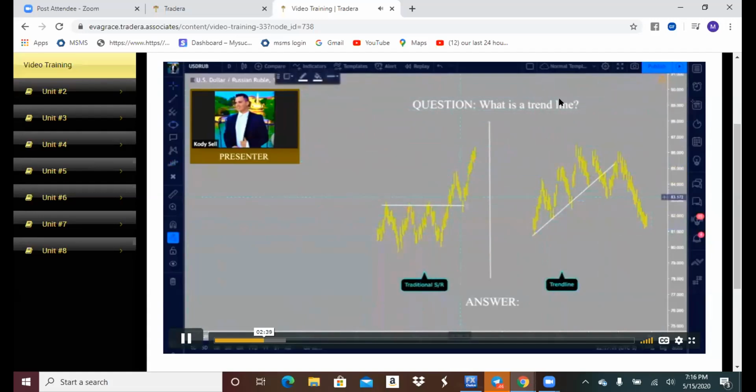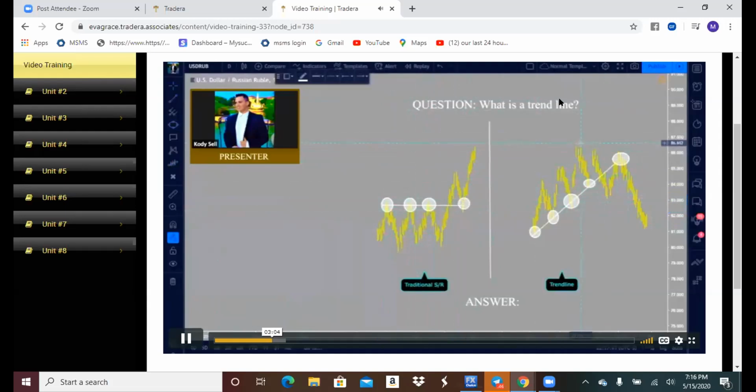As you can see, they act as support when price is above them, and then they act as resistance once they are broken. Same way that our horizontal level acts with price, acting as resistance and then becoming support. And of course, this works in both ways.